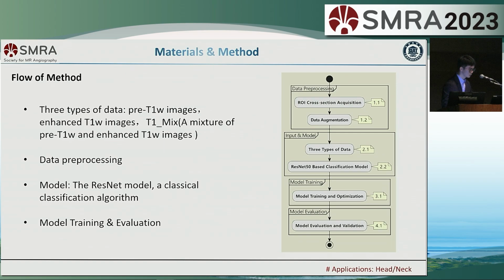We prepare 3 types of data, including pre-contrast T1 weighted image, enhanced T1 weighted image, and T1 mixed. And we choose ResNet 50 as the convolutional model. Finally, we perform the model training and model evaluation.